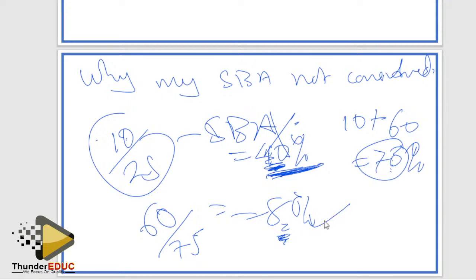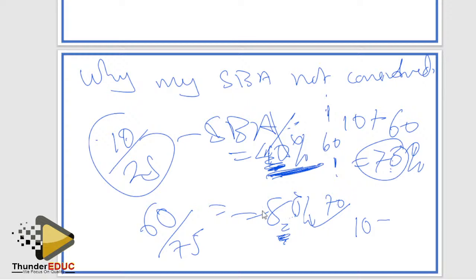Meaning that the difference between your SBA and your final mark must be ranging between 10. If you get here maybe 60, the minimum or maximum you can get is 70. So it can be either plus or minus 60, plus or minus 60. If it is too much more than this, then they'll only consider that final exam.